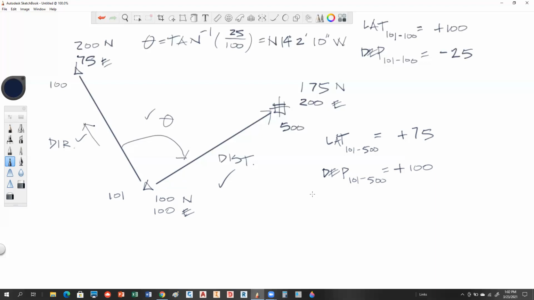Okay. So we said we need distance. Now we can use the Pythagorean theorem because we're going to take 75 squared plus 100 squared, square root. 75 squared, plus 100 squared, square root.